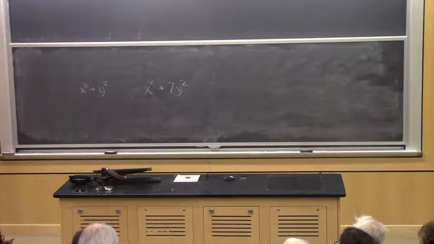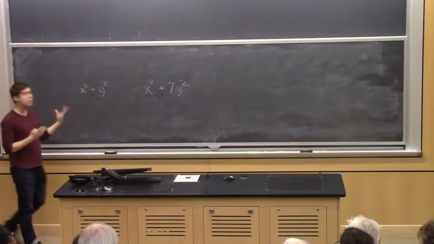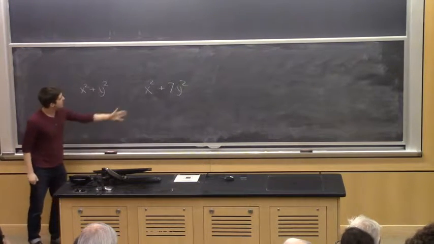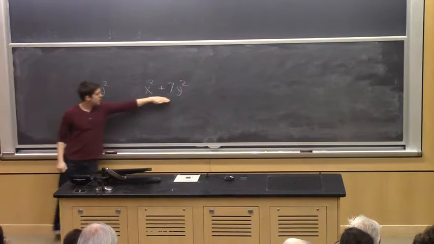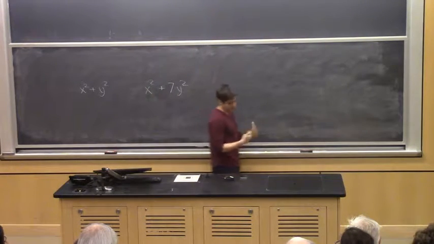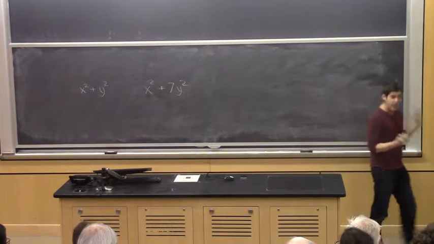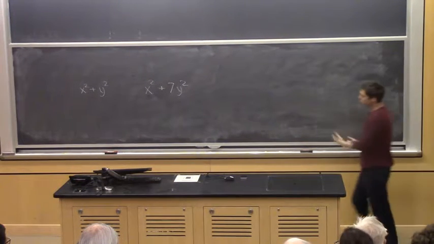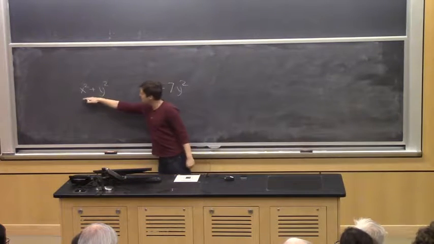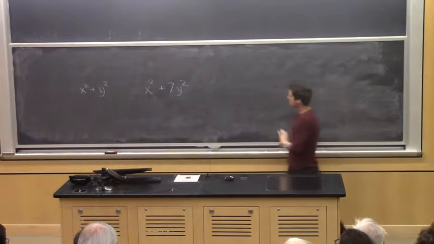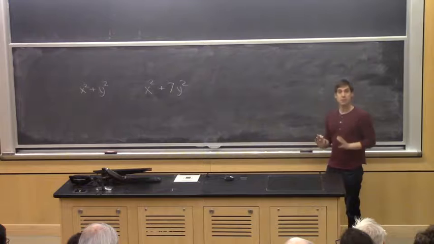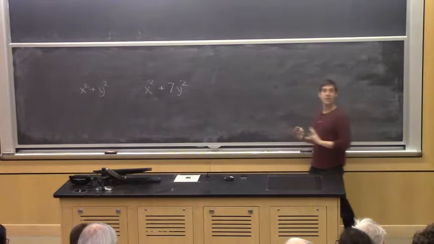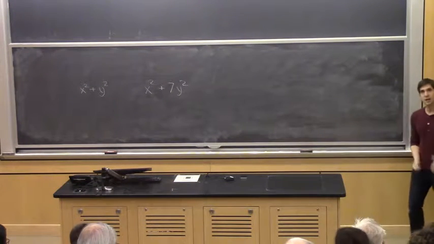And one way that you can see that is to see what happens when you reduce them modulo 7. When you work mod 7, this quadratic form on the right becomes degenerate. You can ignore the 7y squared, and it depends only on one of the two variables. But the one on the left is non-degenerate mod 7. So these quadratic forms are not equivalent mod 7, and therefore they can't be equivalent over the integers.